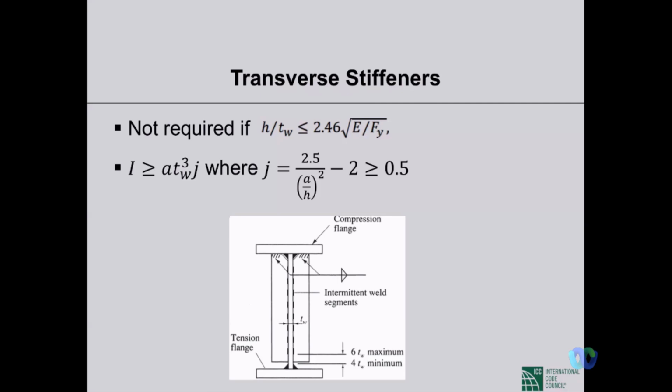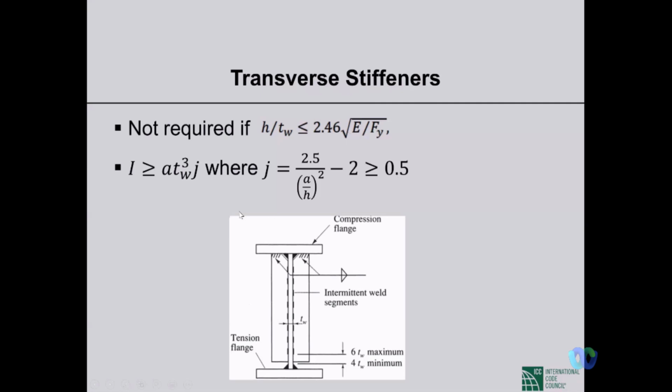That is when there are concentrated loads, like at the supports or the points where concentrated load will come onto a beam, we have to give transverse stiffeners. Otherwise, to restrict shear buckling, we don't have to use transverse stiffeners if the H/TW ratio is less than this limiting factor.